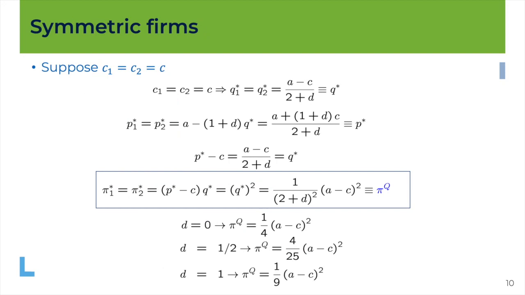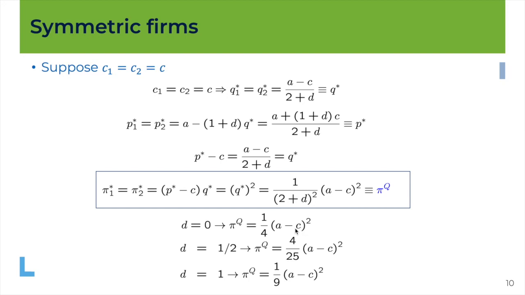Now, as we did for the price competition, it's interesting to look at what happens when the firms are symmetric, when they have the same cost. We've done the computations here. You can review them at your own pace. And for future analysis and comparison, we just note the profit at equilibrium in the quantity competition case as being this expression.